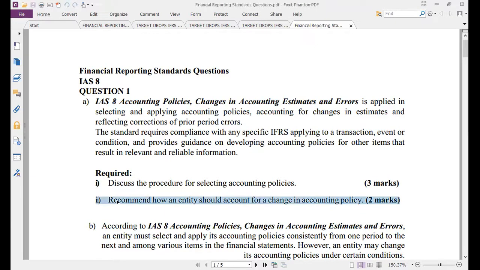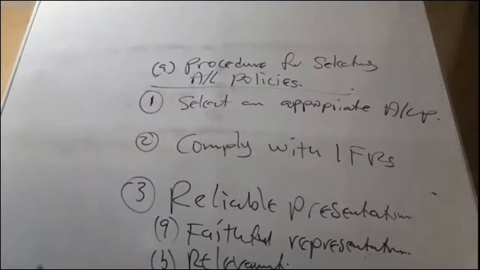Then the second question, 2 marks, is saying recommend how an entity should account for a change in accounting policy. How do you account for a change in accounting policy?